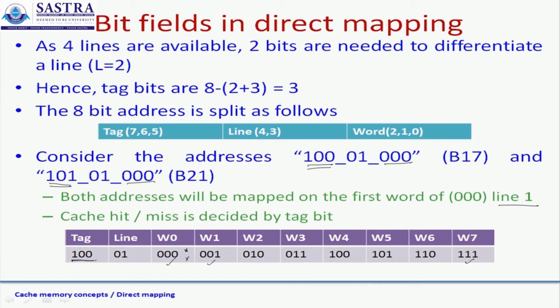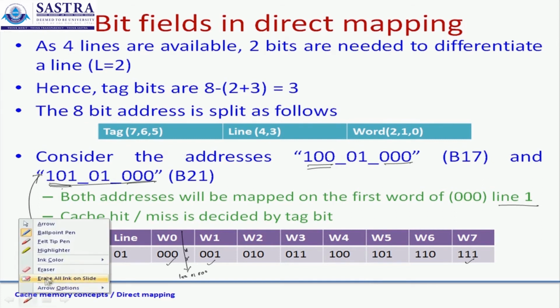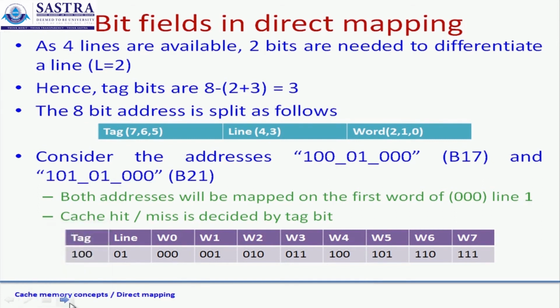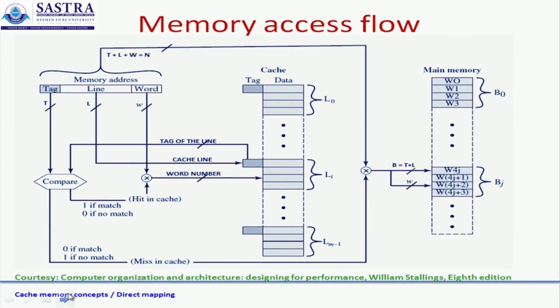If the tag bit is 100, then on this address, 1000100, only this content is available here. Suppose we search for the other one, that one is not available. Why? Because the tags do not match. This is given in detail in this diagram.